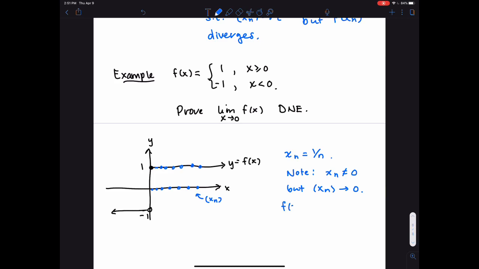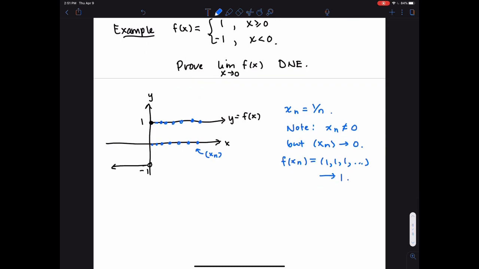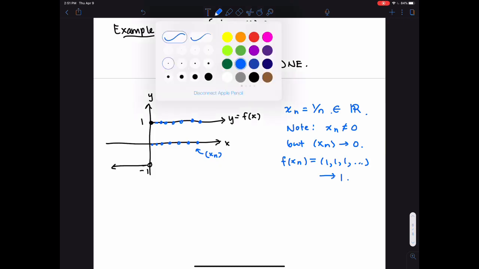But xn does go to 0. And if we look at f of xn as a sequence, that's just a constant sequence, 1, 1, 1, and that converges to 1. Also note that the value we're selecting for xn is a member of the domain of this function, which is all real numbers. So be careful to check your domain.